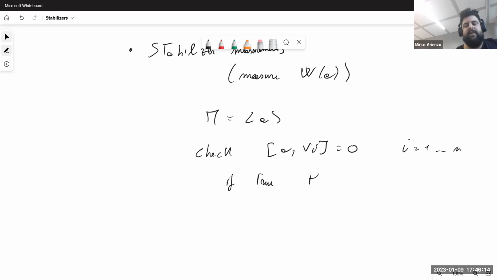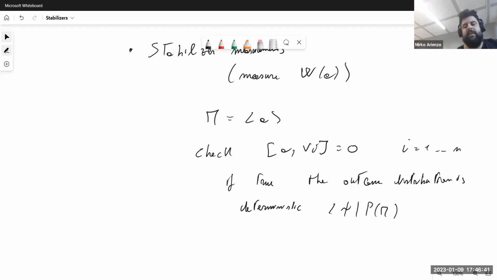In this case, the outcome is just deterministic. And then you have basically the projector associated to this psi, and this is just 0 or 1.